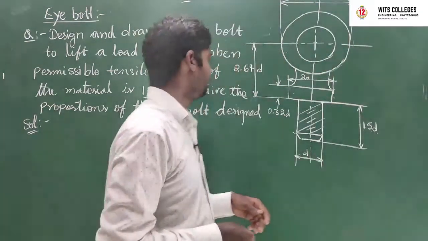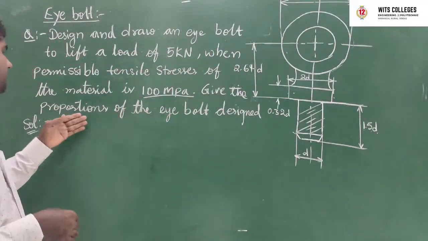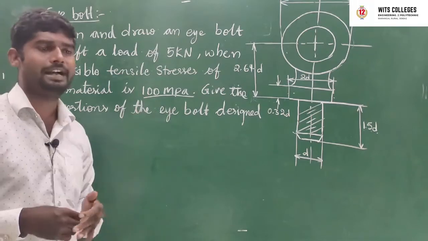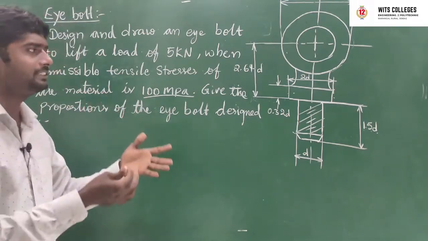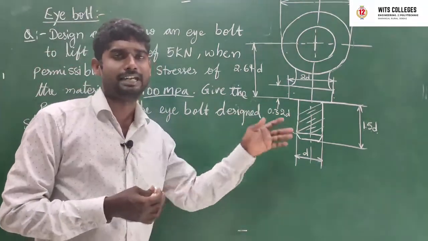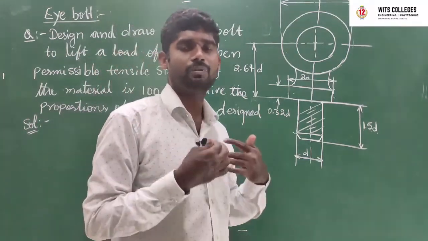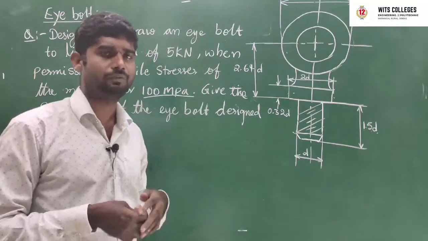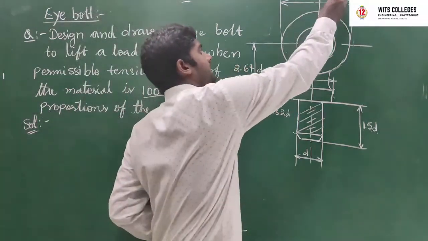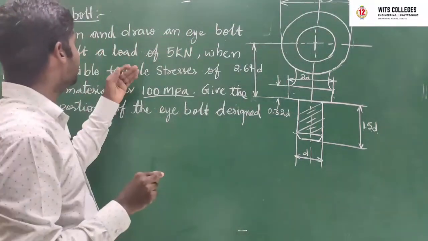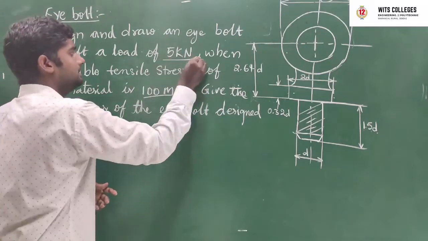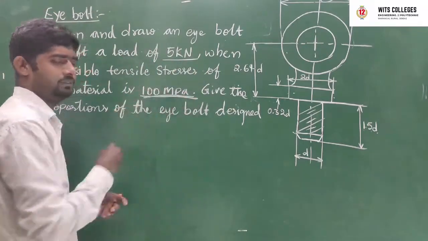Give the proportions of the eye bolt. Let's design it. To design the eye bolt, we need the proportions. For the proportions, first find D. In this question there is no D, only P and stress are given.